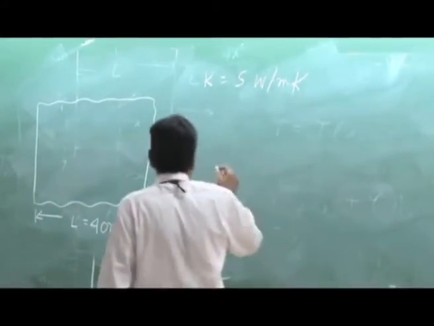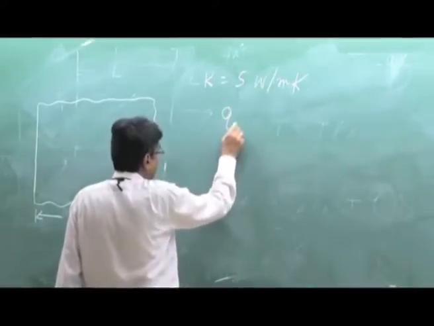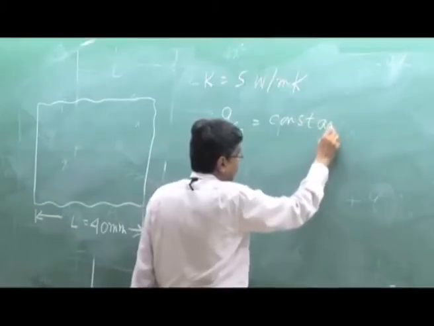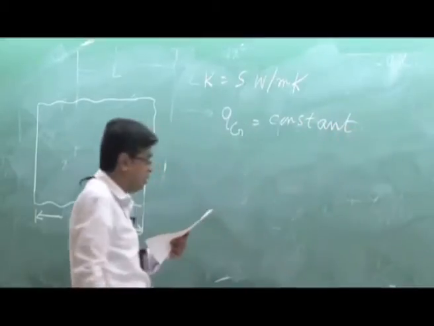That means in my nomenclature Qg is constant, so there is no variation of Qg. The problem is simple.